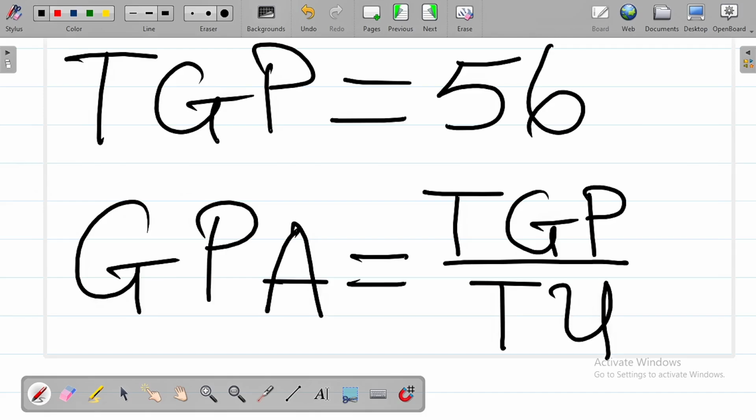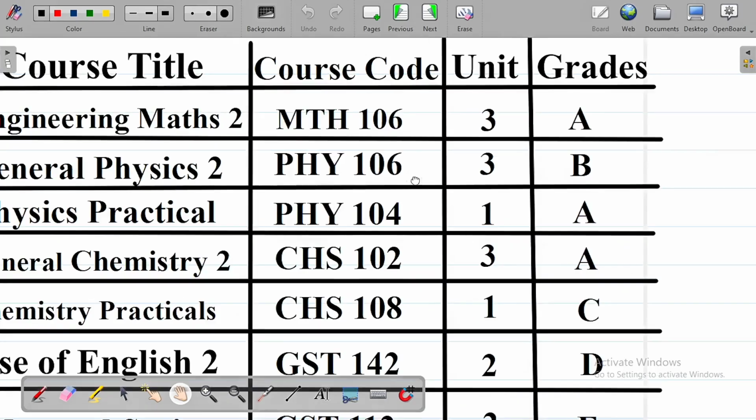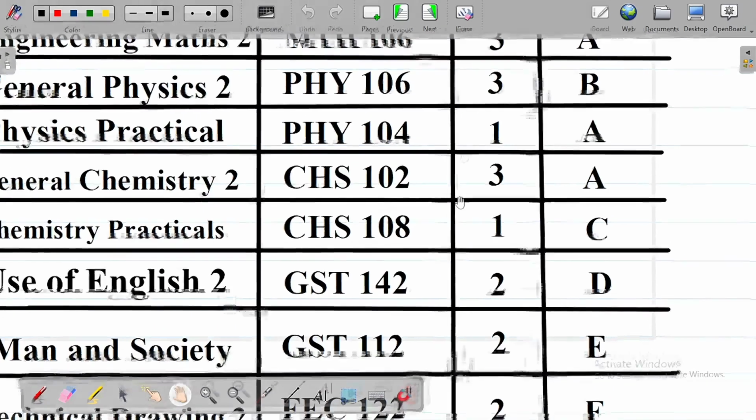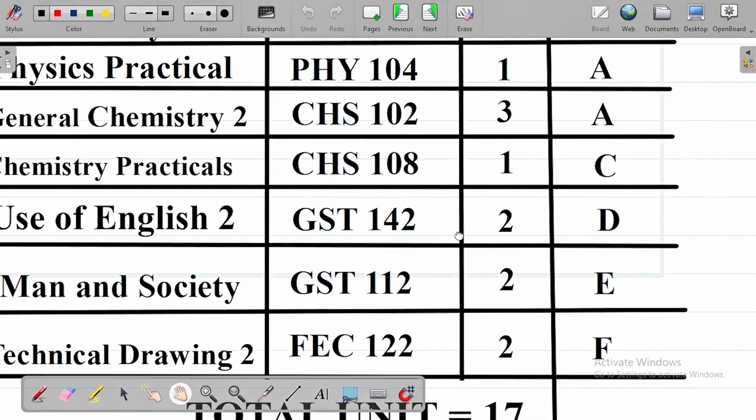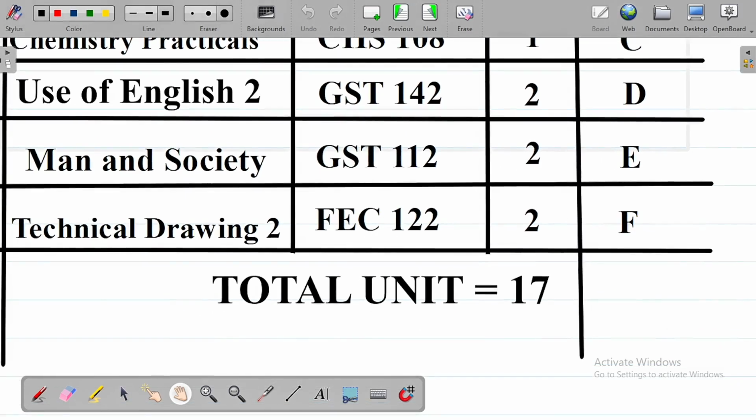We've gotten the value of total grade points as 56. Now let's check for the total unit. The total unit is simply the sum of all the units. So 3 plus 3 plus 1 plus 3 plus 1 plus 2 plus 2 plus 2. So our total unit is 17.